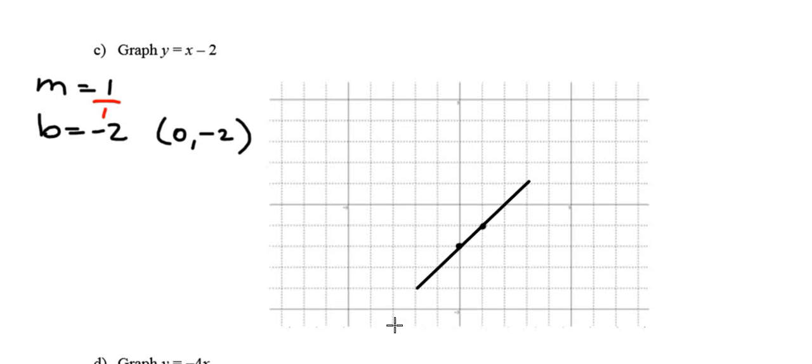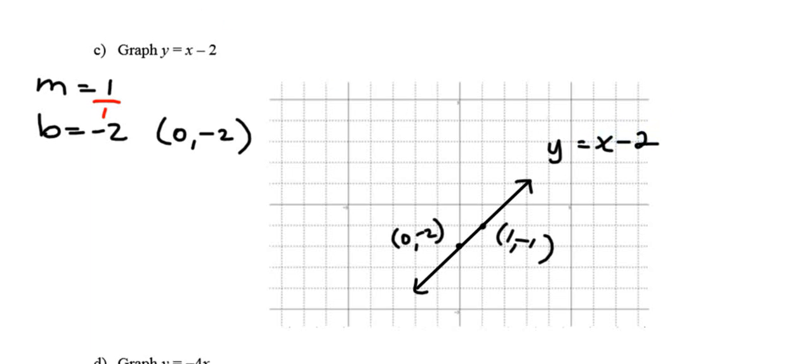I'm going to join my points. I'm going to extend it past the points, arrows, label those points. So this is 0, -2. And this point here, if I go back to my origin, is 1, -1. And I need to put my equation on there, y equals x minus 2.